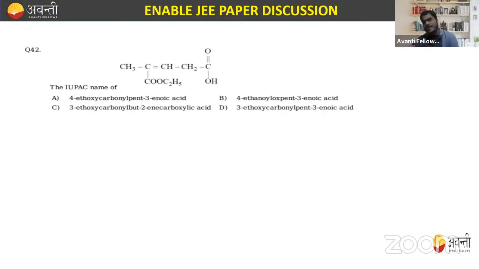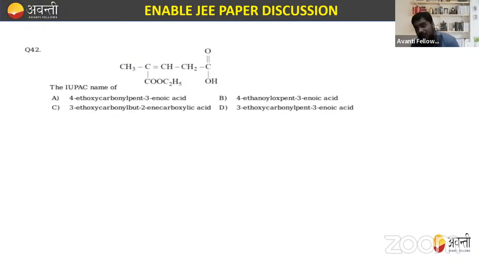So we know one basic rule: whenever we count the number of carbons, start with the preference one. For example, this is my carboxylic acid carbon, and one having a double bond and one having an ester group. When the substituent, double bond and functional group are all present, always prefer the functional group.